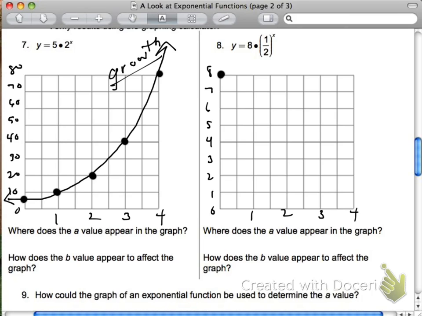When x is 1, y is 4. When x is 2, y is 2. When x is 3, y is 1. When x is 4, y is a half. So our function looks like this. This is exponential decay. Exponential is indicated by the curve, and decay because it is decreasing.